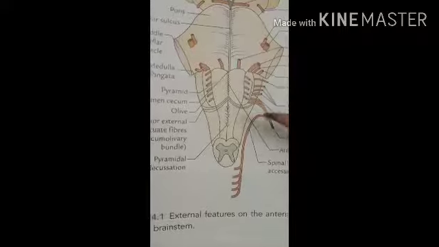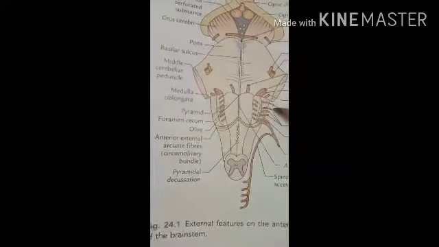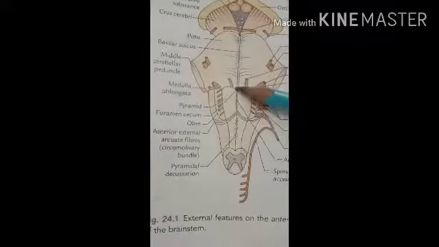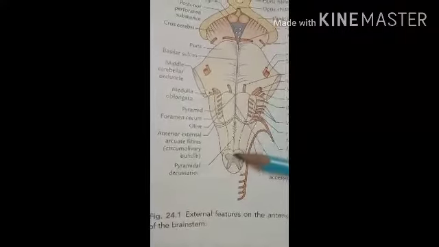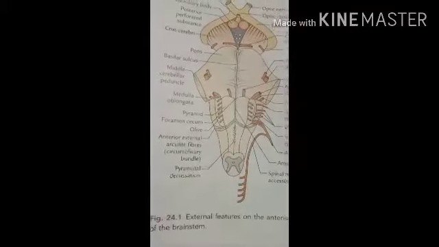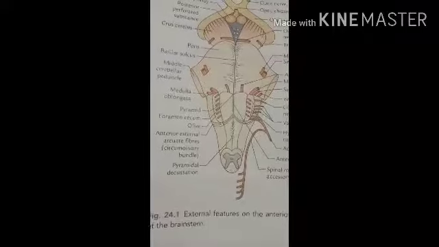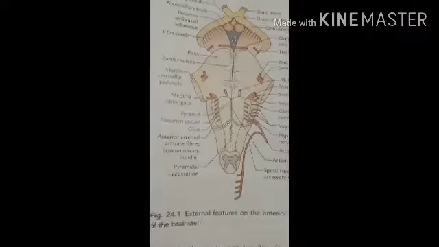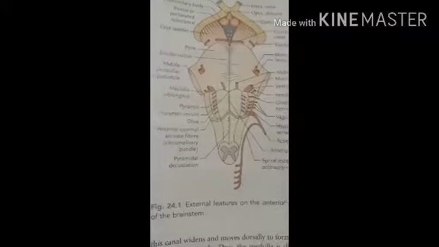The medulla oblongata is divided into the right and the left halves by the anterior median fissure, here you can see, and the posterior part by the posterior median fissure, which are the upward continuation of the spinal cord.